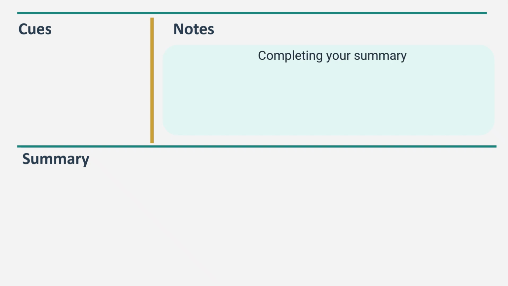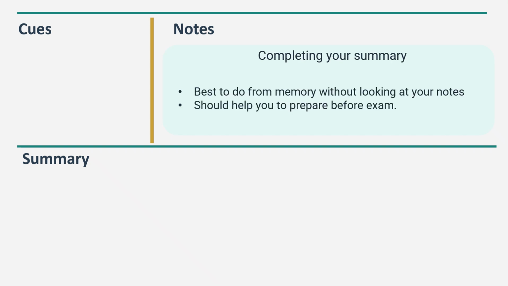So, time for completing your summary. Now, this is best to do from memory and without looking at your notes, and this should help you to prepare just before your exam. If I were to do the summary, I would definitely make sure that I know all the screen specifications, the units and the definitions, and how each one is indicated.